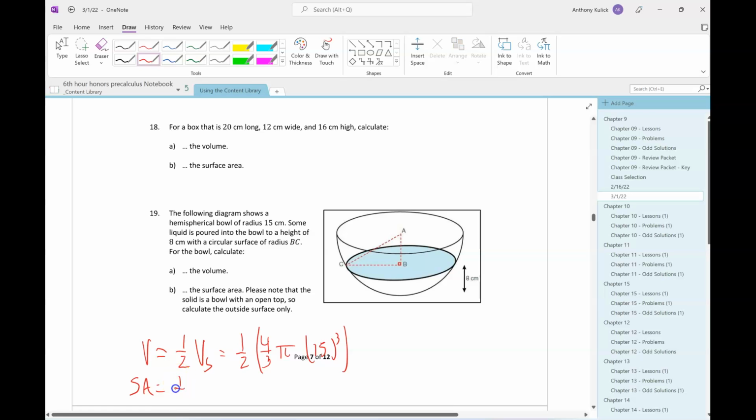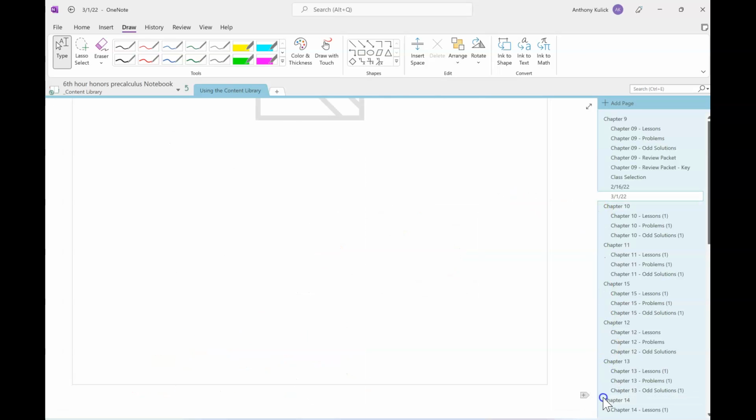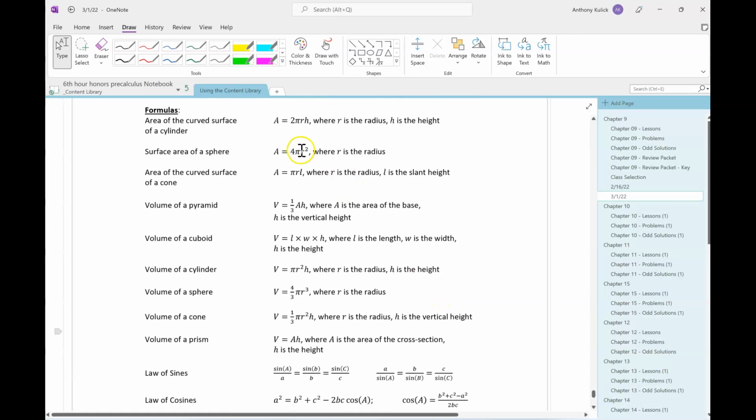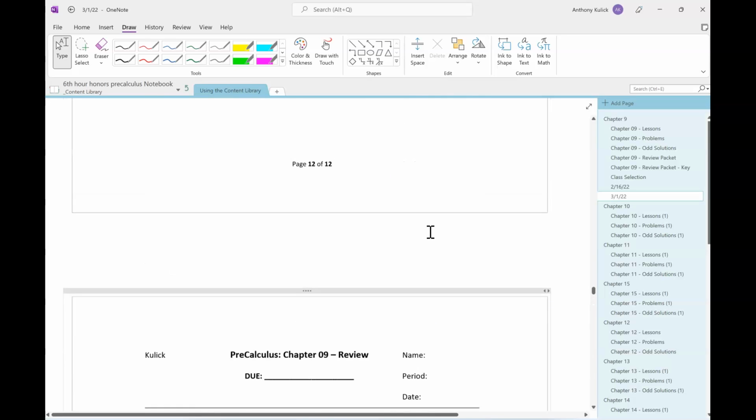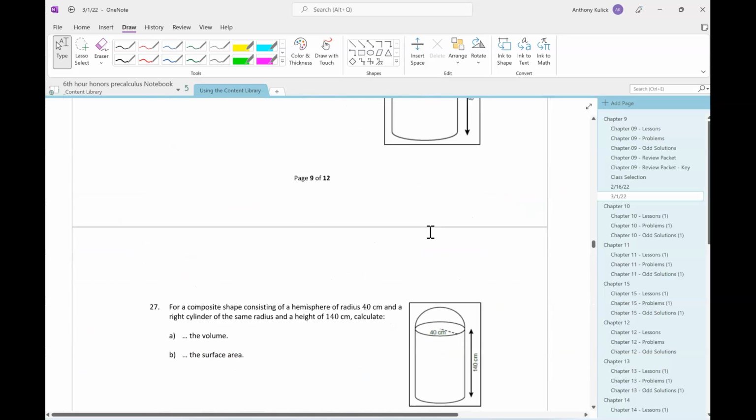So basically it's just half the surface area of the sphere, which I think is 4 pi r squared. Let me double check that real quick. I always confuse whether it's 3 or 4. Nope, 4.